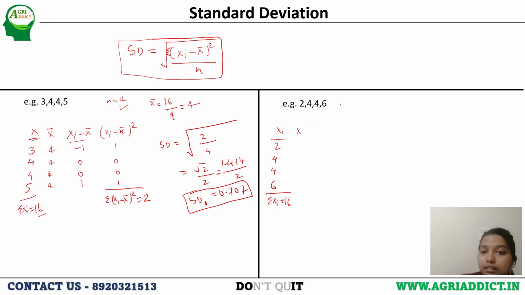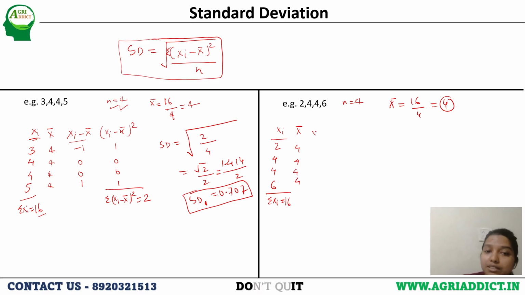Then the number of observations is 4, as in the first case. So we calculate the mean: 16 divided by 4, it will come the same, 4. So here we'll write 4, 4, 4, 4.